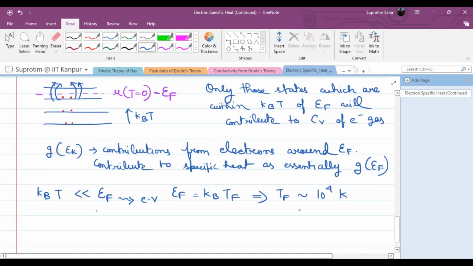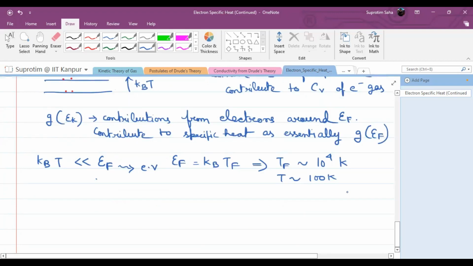In comparison, T, if you heat up the sample to, let's say, 100K or so, this is still 2 orders of magnitude smaller than TF.